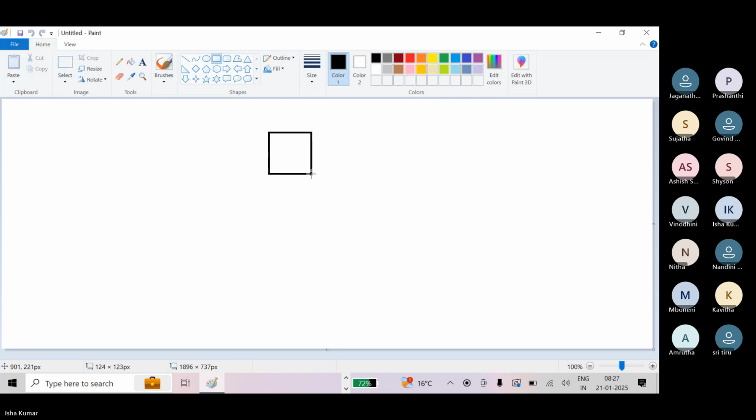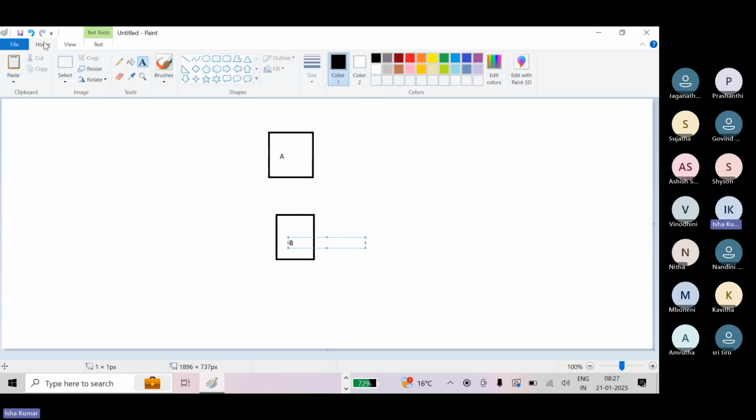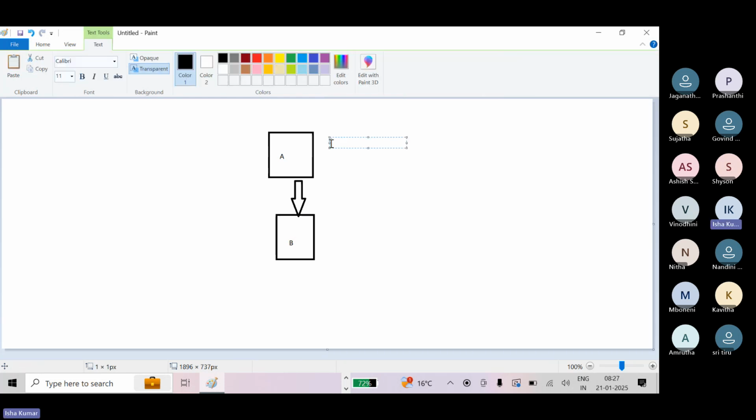Always diagrammatically you should use a down arrow. So this is class A, this is class B. This is the parent class and child class, or this is the superclass and this is the subclass.